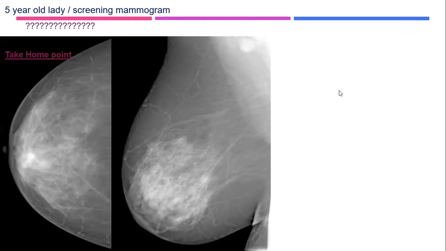This is CC and MLO views of the right breast, screening mammography showing ACR C. Okay, it is a screening. So is it positive or negative? It is positive. There is diffuse mild anterior skin thickening.